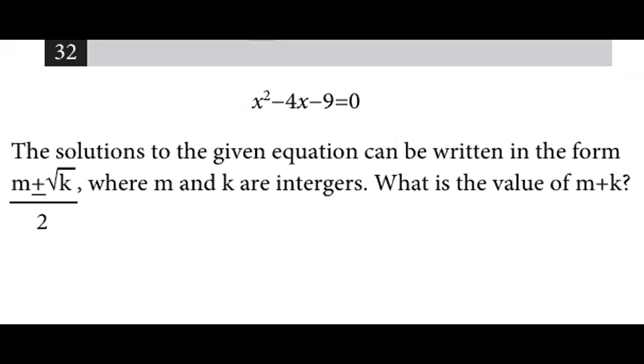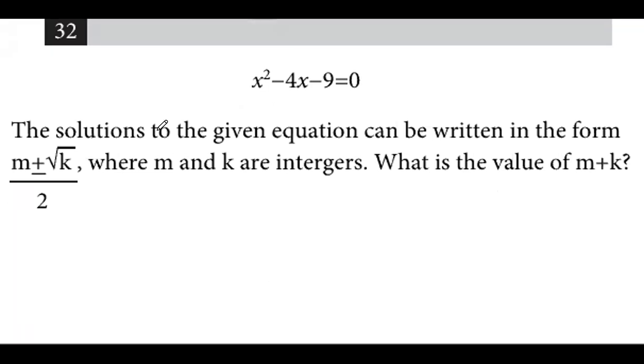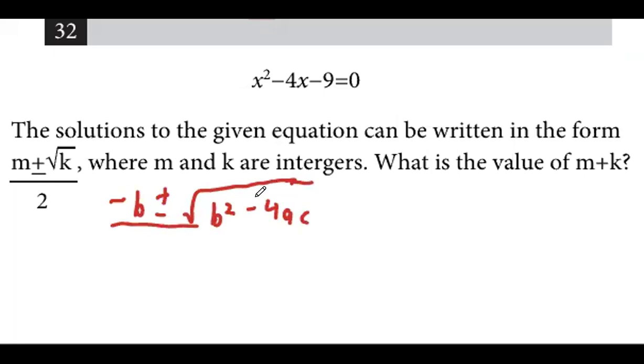Okay, so for question 32, we have a quadratic equation, and looks like we have to use the quadratic formula for this. This would just be negative b plus or minus root b squared minus 4ac all over 2a. In this case, we have a equals 1, b equals negative 4, c equals negative 9.